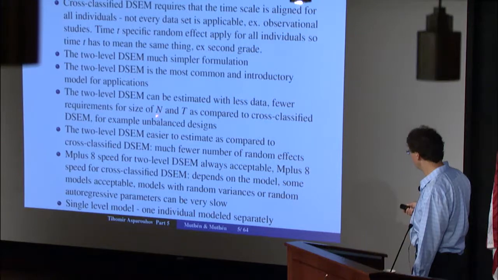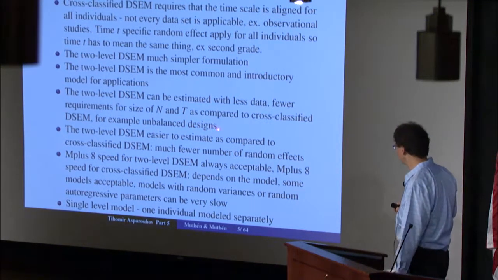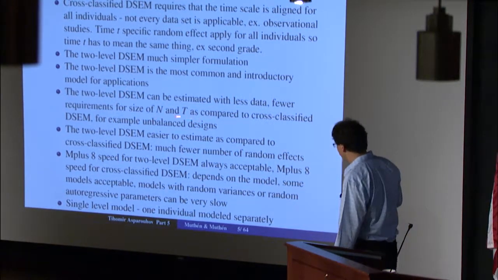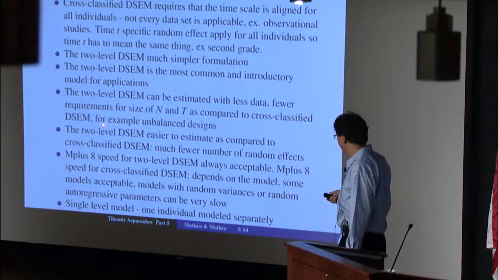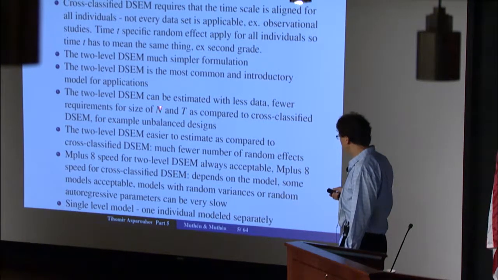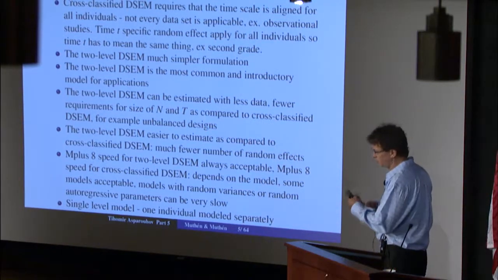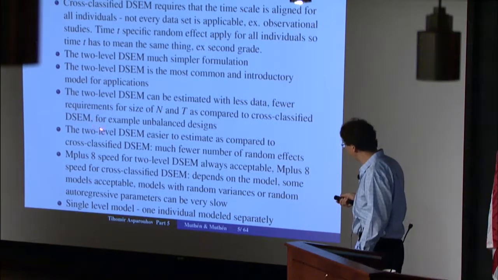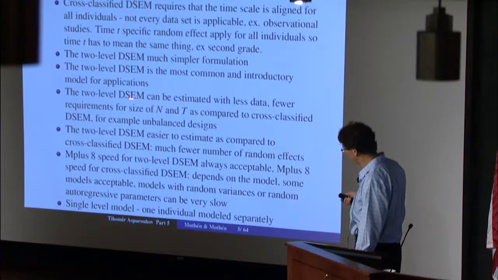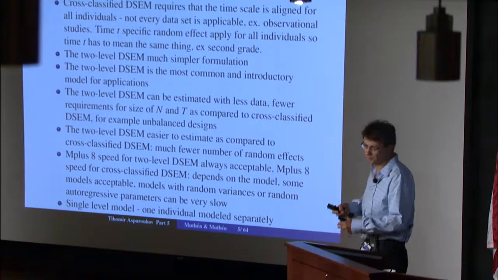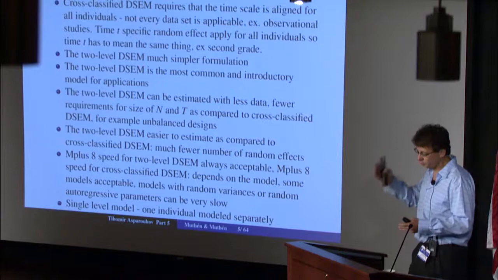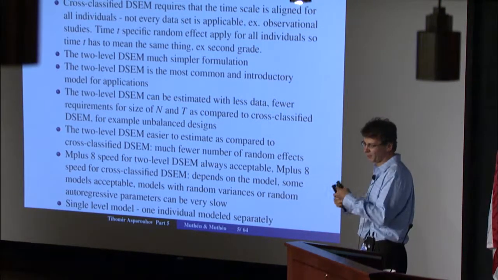One more issue I didn't mention is the requirements on the data set. In cross-classified models, it is particularly difficult to estimate models with unbalanced designs, because remember that for each time point we estimate a time-specific effect.